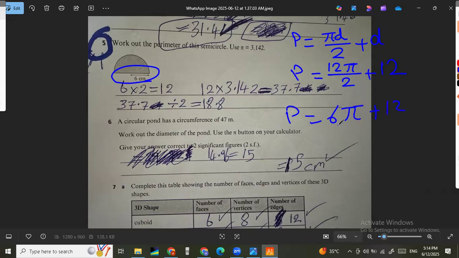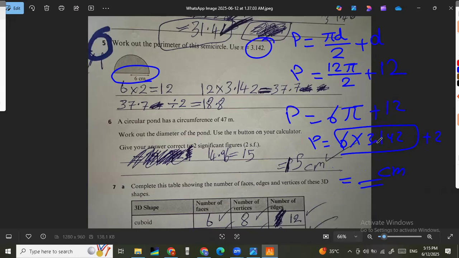On the calculator, or actually, you take the 6 and multiply it by 3.142. So the perimeter equals 6 times 3.142, and to the answer, add 12. This will give you the perimeter at the end, and it must be in centimeters, not centimeters squared, because it is a perimeter.